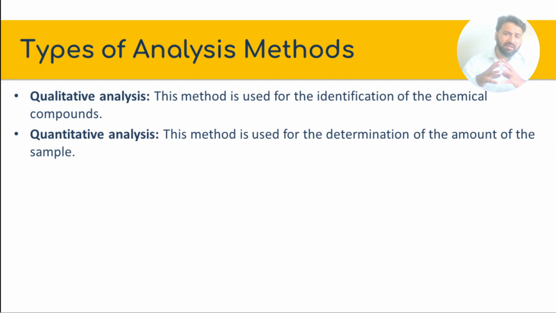Qualitative analysis involves the quality or the quality standard of a sample, and identification is also part of it. Quantitative analysis is a method used for the determination of the amount of the analyte or the compound in the sample.